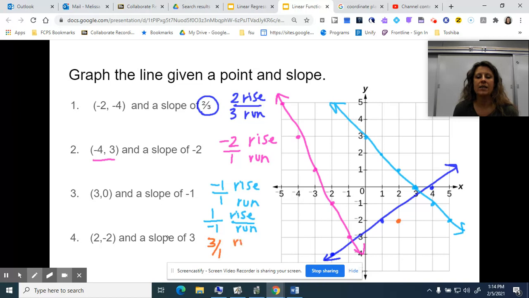My rise is 3. My run is 1. So I'm going to rise 3 and run 1. Mark another one. Again, I could make those both negative, down 3 and left 1. It's still part of that same line. Let me see if I can connect those, and there is my linear function.